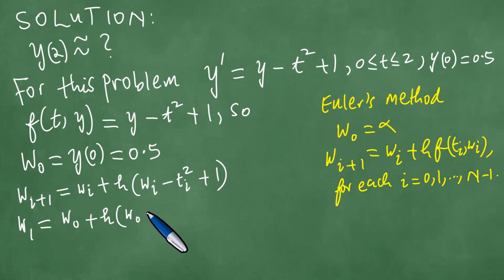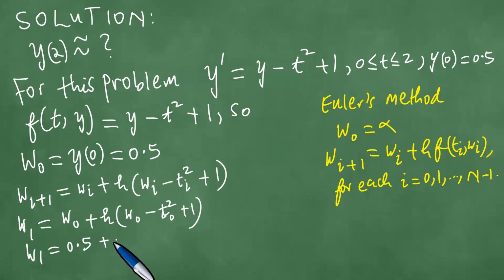So this will be W0, which is 0.5, plus h times W0 minus t0 squared plus 1. Now h is 0.5 for this question, and W0 is the initial value, 0.5 in the question, minus the square of t0.